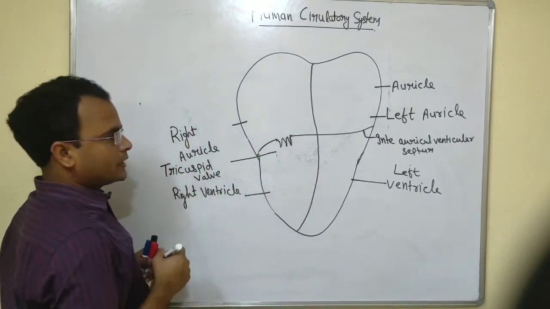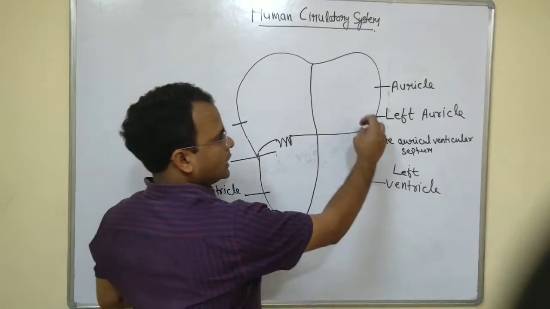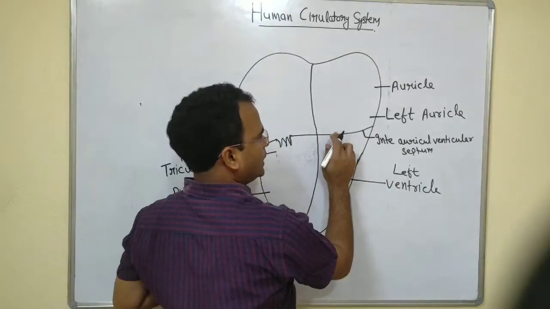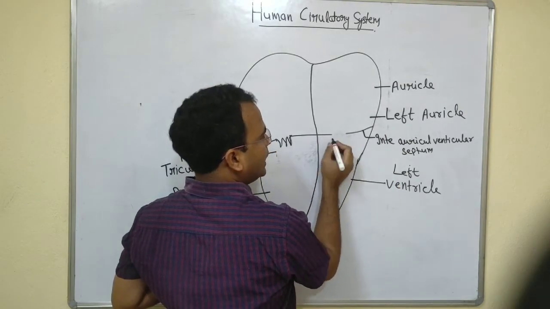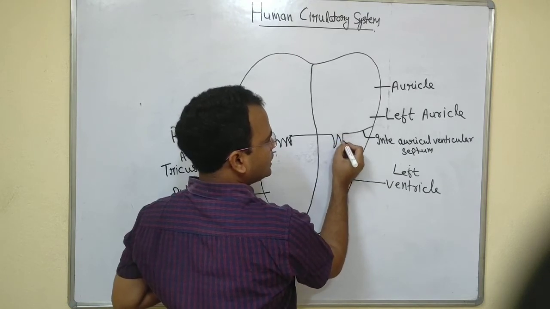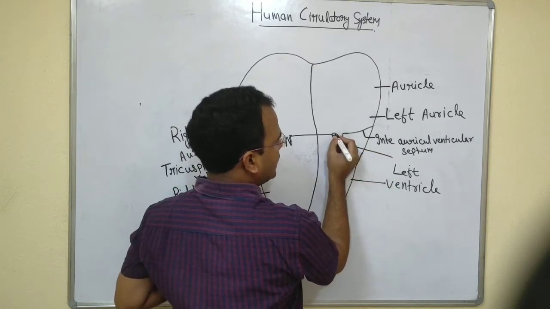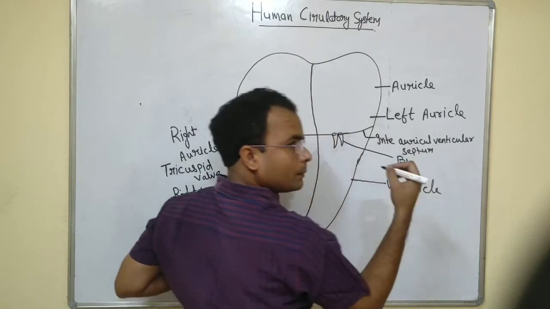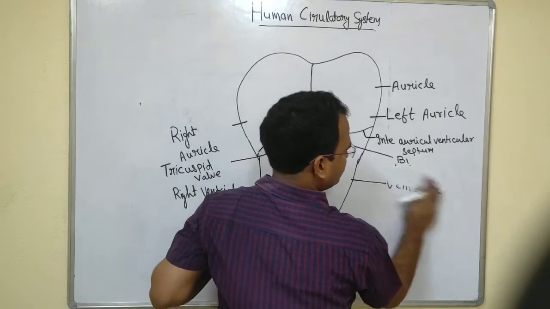See, 3 valves are there. On the left side, in the left auriculoventricular septum, the bicuspid valve will be there. These valves are 2, right? This is called the bicuspid valve, or we also call it the mitral valve.